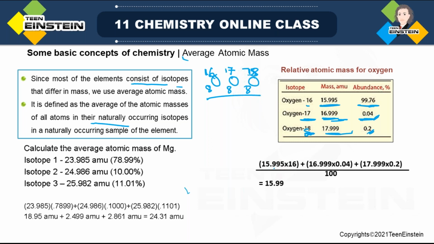This is for isotope 1, isotope 2, isotope 3, and then we divide by 100. In the previous calculation we did it individually, but that doesn't matter. You can also do it together. Ultimately what you get is 15.98, which is almost close to 16. In this way, you can calculate average atomic mass.